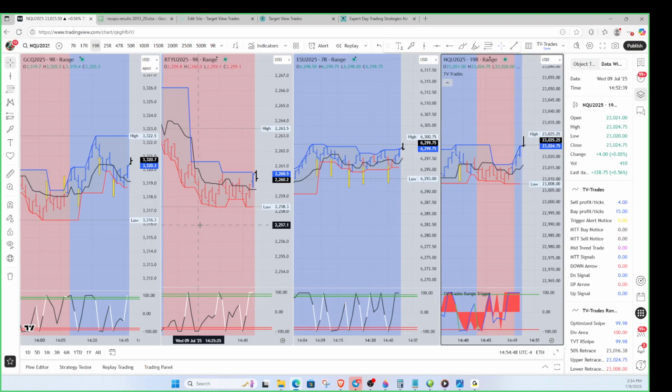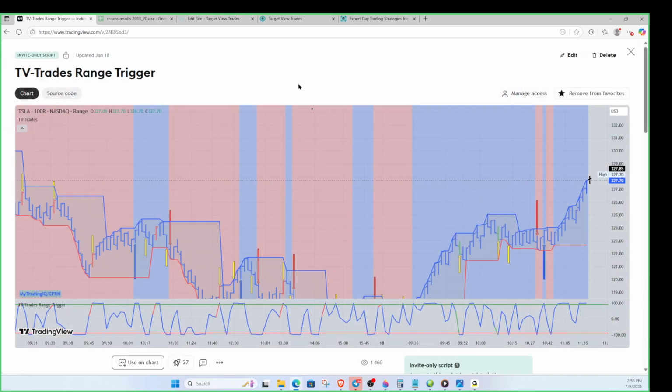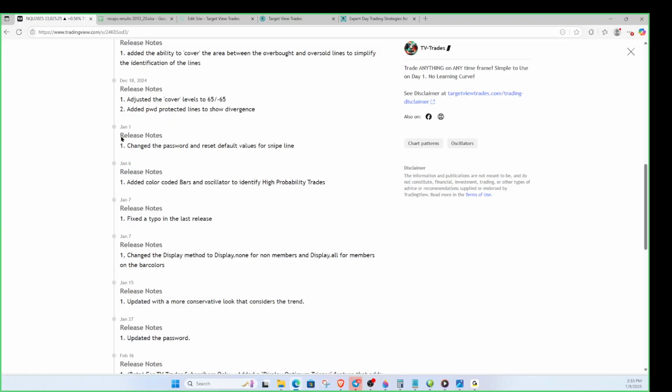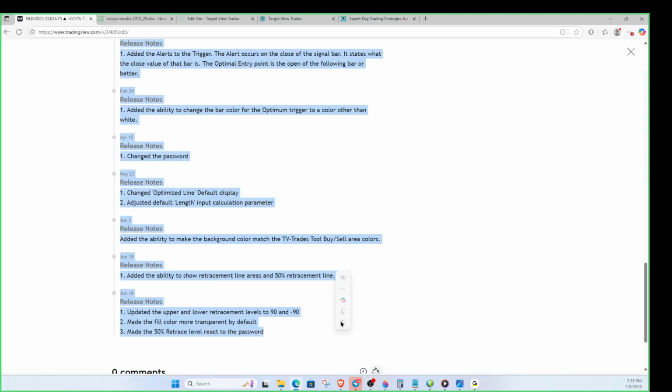This used to be such a simple thing. I was on somebody's desktop yesterday. I was on Jill's desktop yesterday. And she had the TV Trades range trigger back from January. And if you look inside this script, you look down here. Now, from January, right here, all these things changed. I made all those changes to it since January.